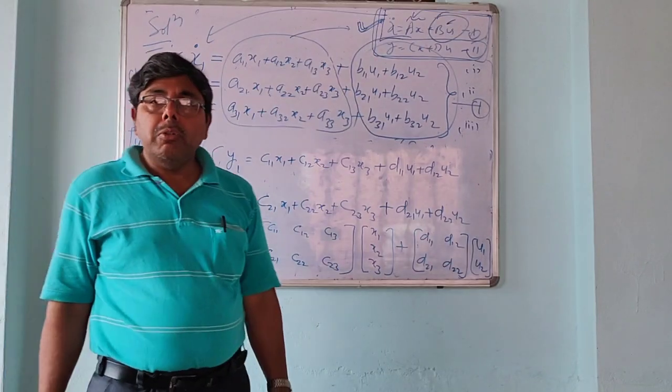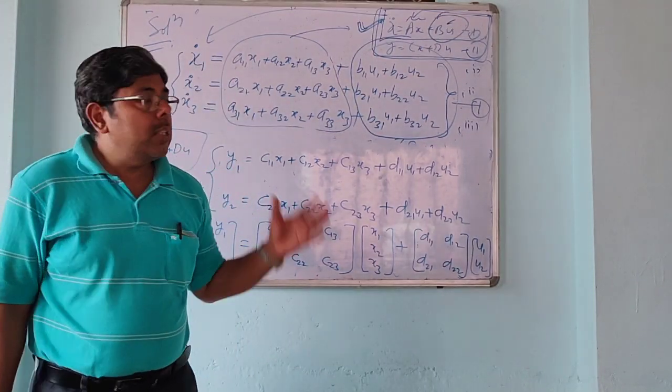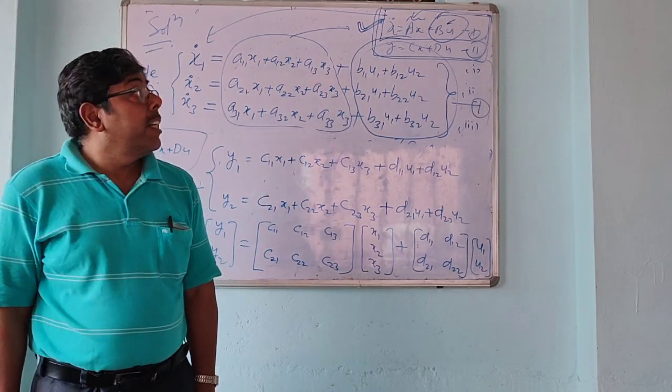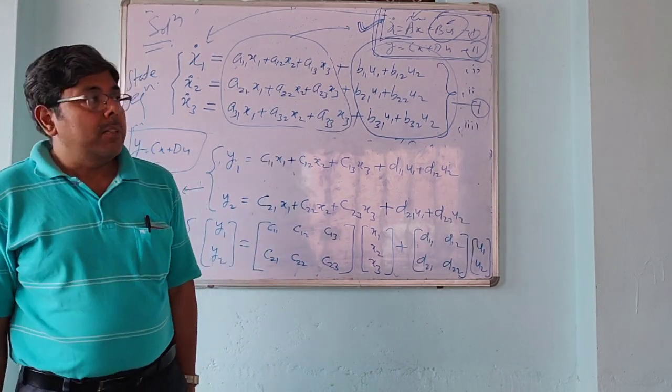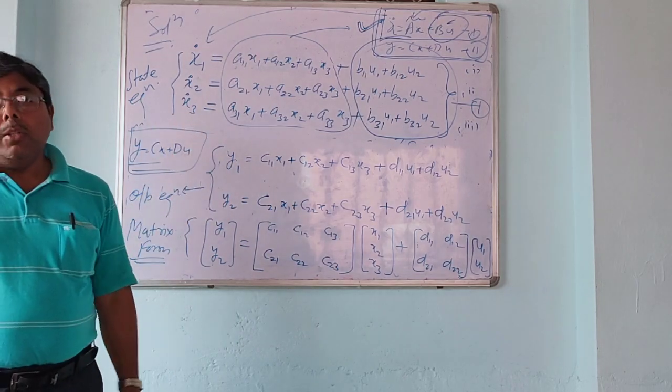So this is all about state space representation. This is the general state space representation in state variable form. These are the two basic equations. We have taken an example and represented it in state space.